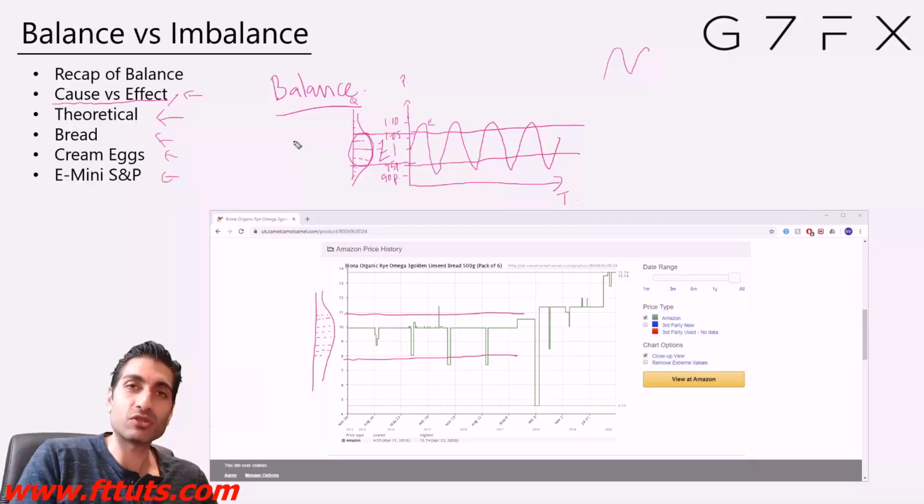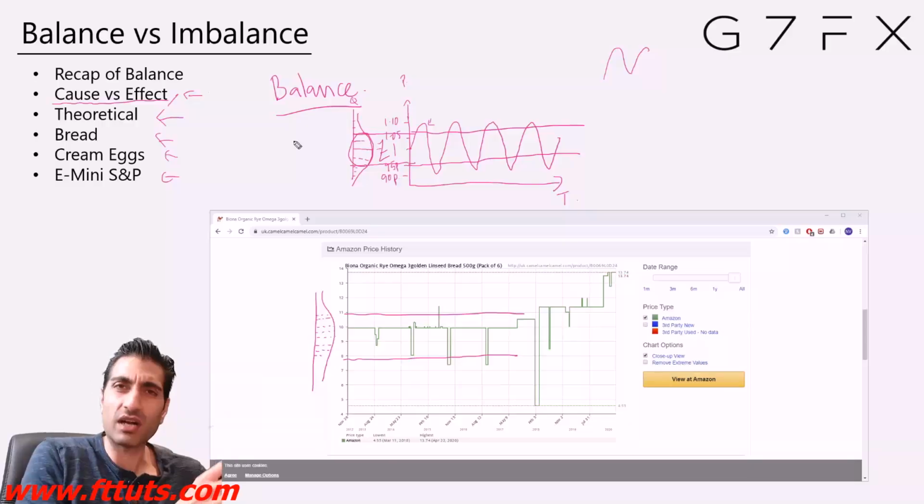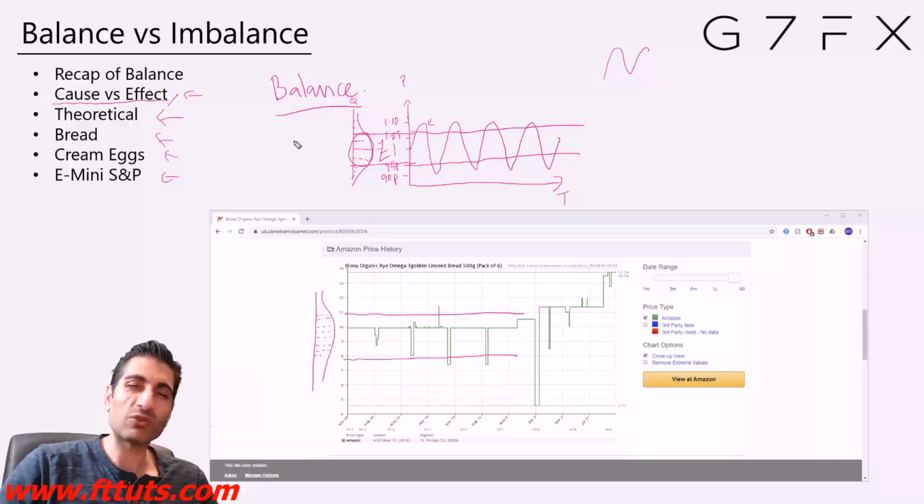But when I came onto charts, I probably did fall into that trap a little bit of getting so engrossed in the price. Obviously I knew that volume was driving it, but for some reason, and I'm just being honest with you, it never clicked just how much the line on the chart is irrelevant. And it comes down to this thing, cause versus effect.